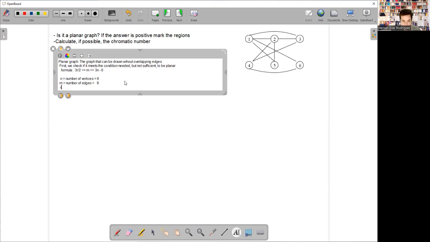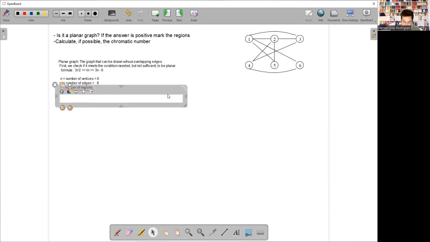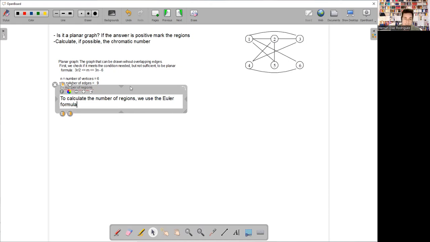And finally, we have R, where R is the number of regions, right? So we still don't know the number of regions. So to calculate the number of regions, we use the Euler Formula.